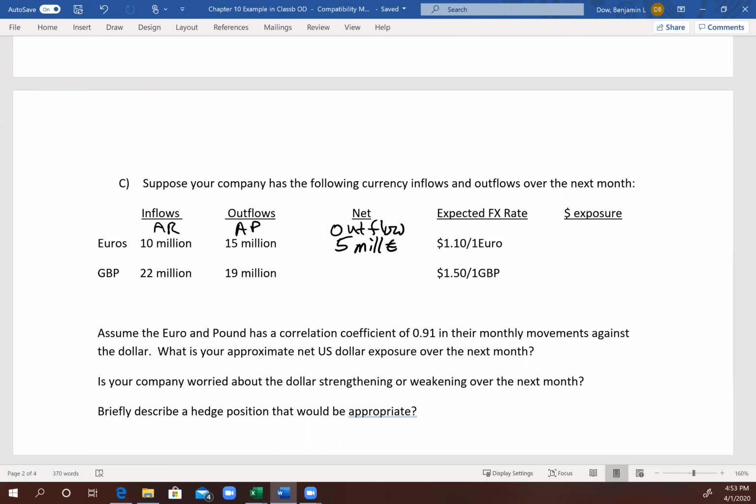In this case, they have 5 million euros of exposure on the outflow. If the euro is expected to be $1.10, then 5 million euros at $1.10 is really about $5.5 million worth of exposure. And this is an outflow.